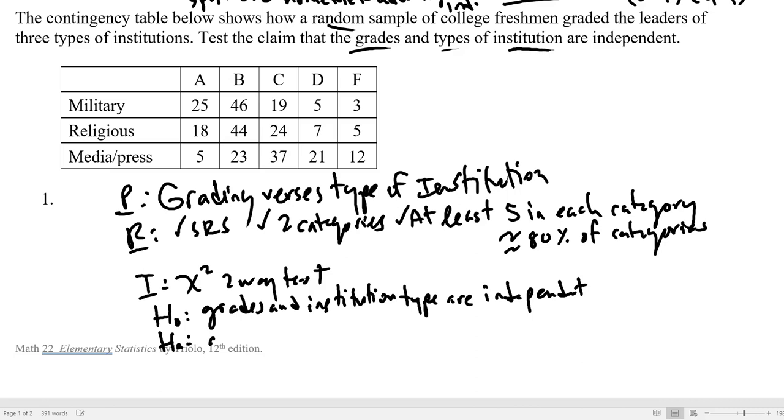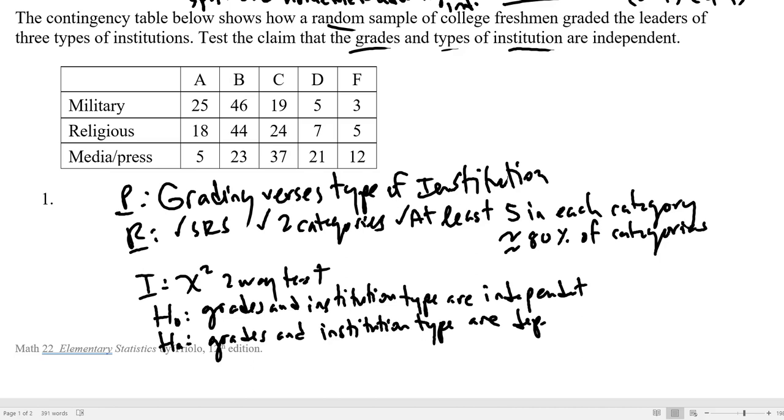Alternatively, the grades and institution type are dependent.